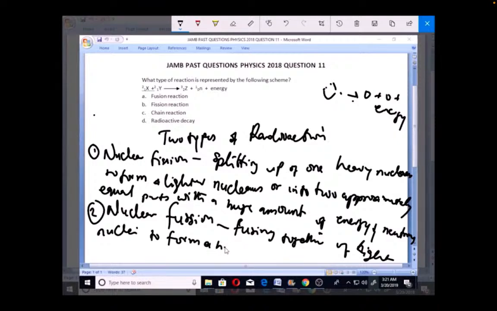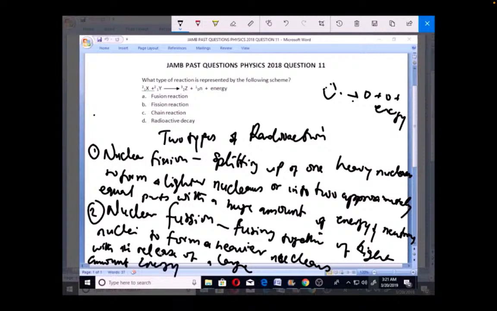So when smaller ones come together to form a heavier nucleus, we call it nuclear fusion. And this also happens with the release of energy. So whenever there is radioactivity, there is always release of great amounts of energy. Very, very important. So we have nuclear fission or nuclear fusion.